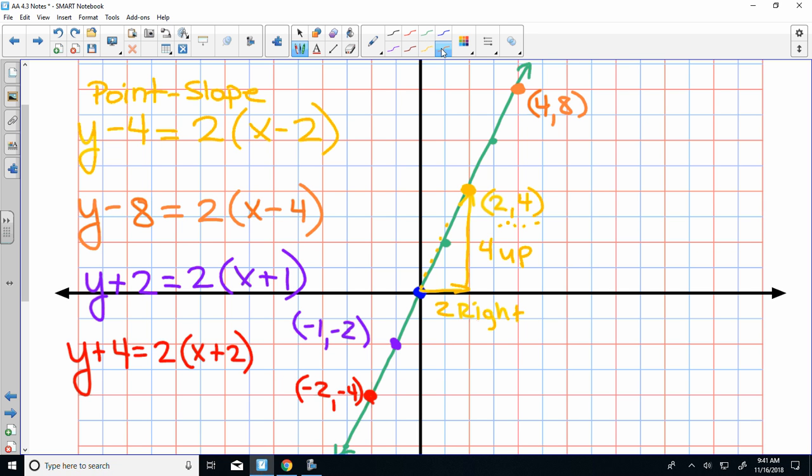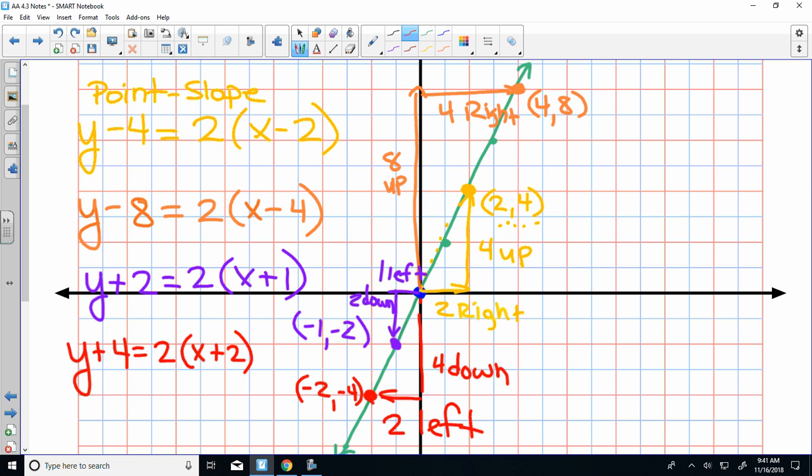And if you look at the orange dot, that one is 8 up and 4 to the right. The purple dot is 1 to the left and 2 down. And the red dot is 4 down and 2 to the left. Okay?